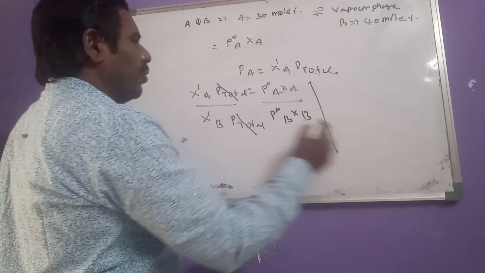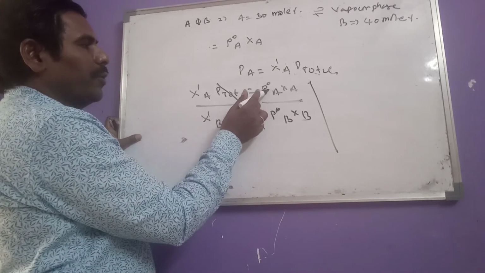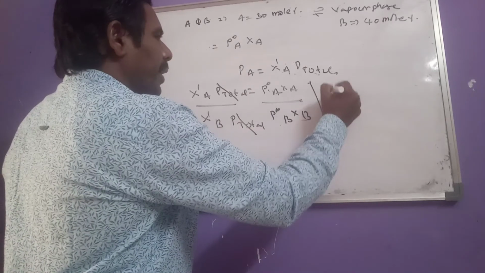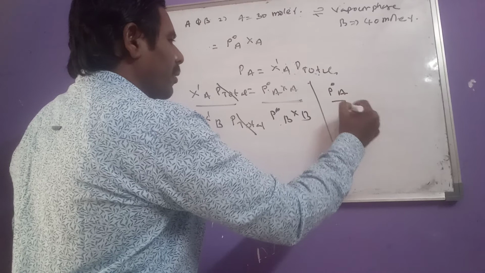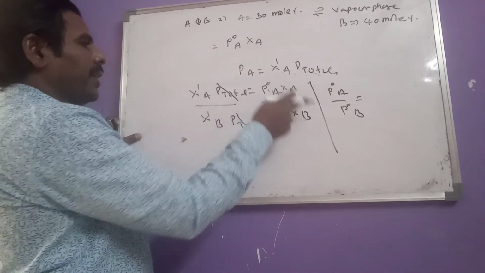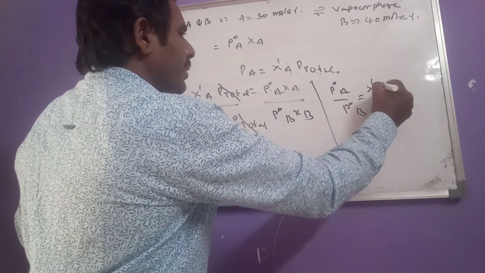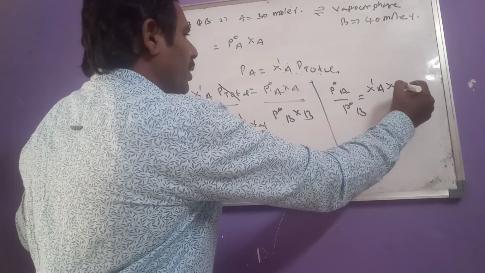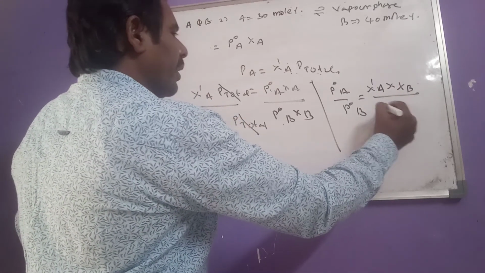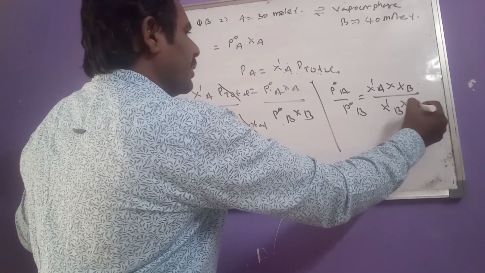Now we need to determine the vapor pressure ratio of A and B in pure state. That means P naught A by P naught B. By sending XA and XB to this side, we get X dash A into XB divided by X dash B into XA.